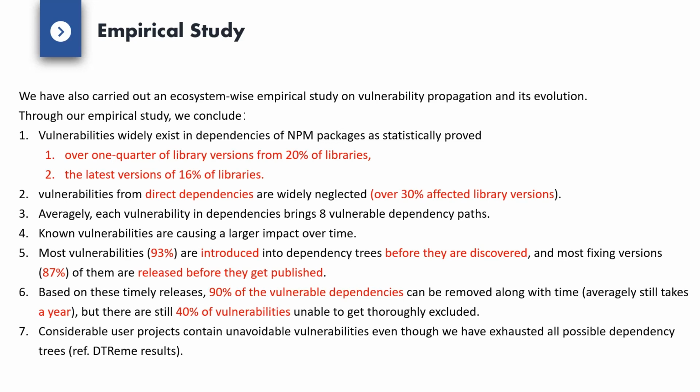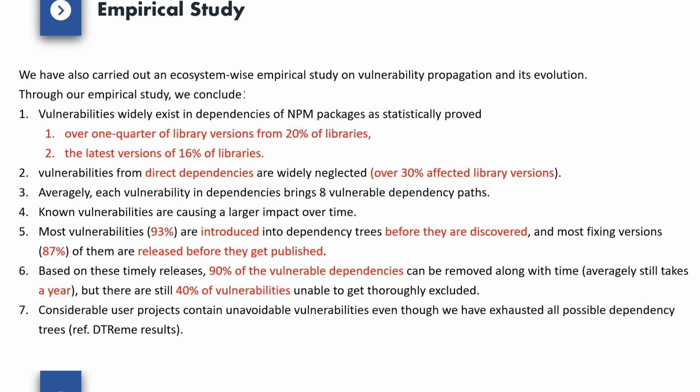It averagely still takes a year, but there are still 40% of vulnerabilities unable to get thoroughly excluded. Considerable user projects contain unavoidable vulnerabilities even though we have exhausted all possible dependency trees. If you are interested in the details, please refer to our paper and website.